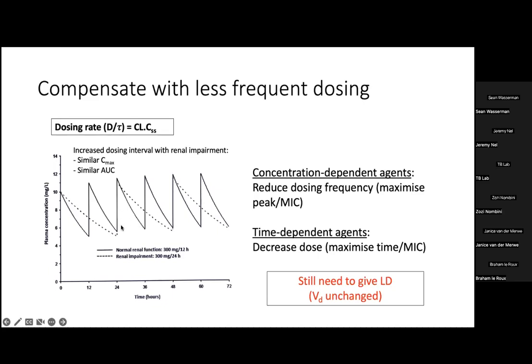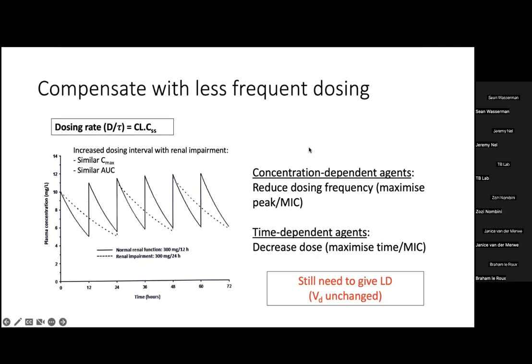And you can see that with this theoretical simulation on the left: an increased dosing interval in theoretical patients with renal impairment, where it's given once every two days as opposed to once a day, leads to a similar Cmax, maximal concentration, and a similar overall exposure.